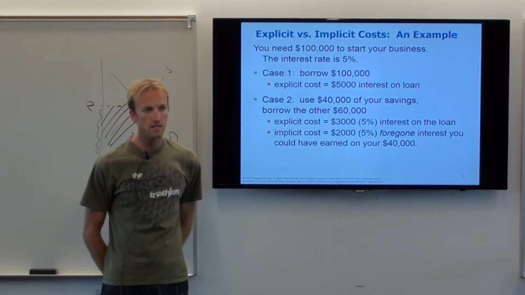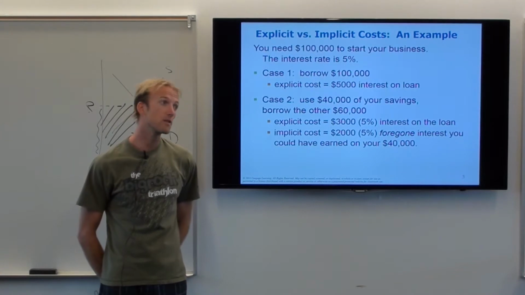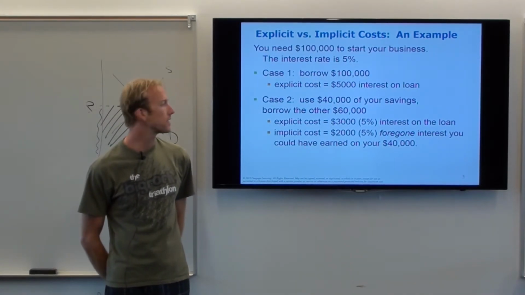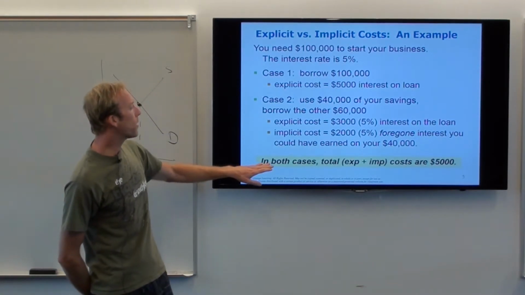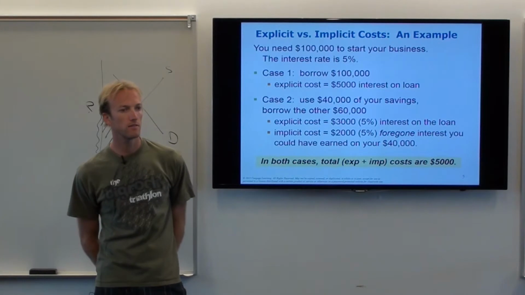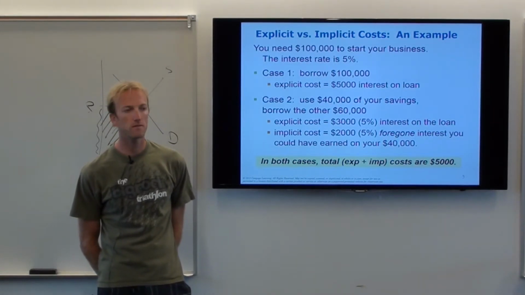Does that make sense? So there still is a cost to using your own money, because you could have taken your own money and made a loan and gotten interest on it, right? So in both cases, the total costs are $5,000.